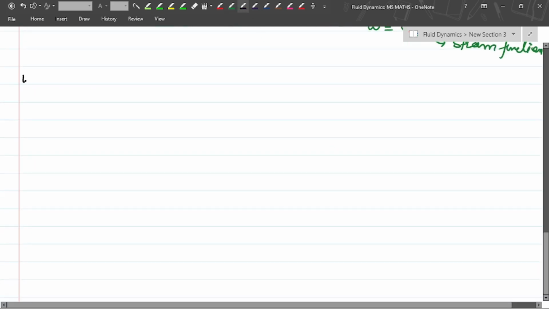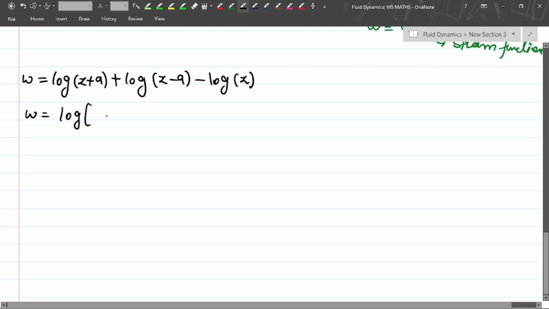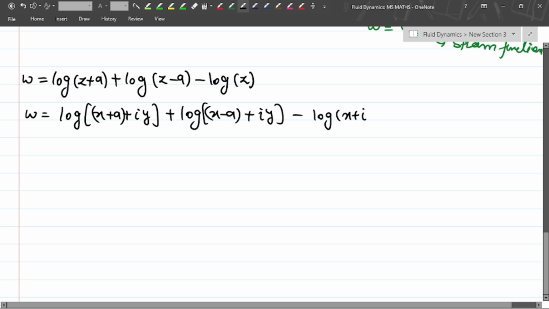So we have w equals log of z plus a plus log of z minus a minus log of z. We can write it as log of x plus a plus iota y, and log of x minus a plus iota y, and minus log of x plus iota y. Now, what can I do here?